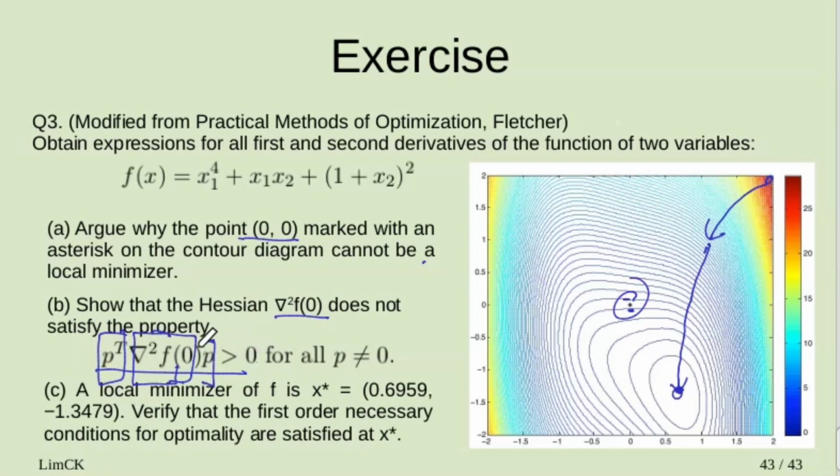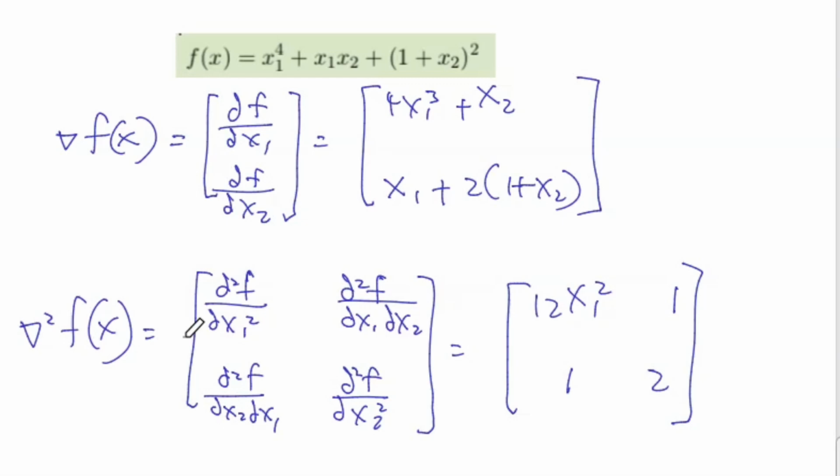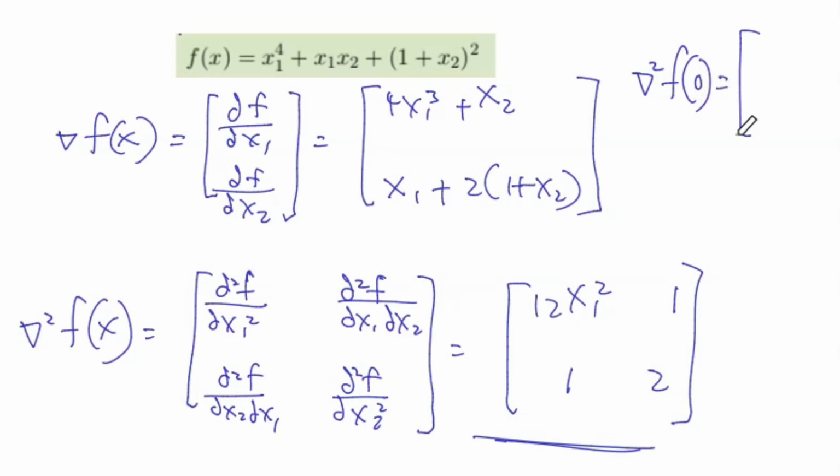Let's look at the Hessian when s1 and s2 are 0. This is the Hessian. I write here Hessian at 0. Both s1 and s2 are 0. You substitute 0 here, you have 0, 1, 1, 2. This is the Hessian when s is 0.